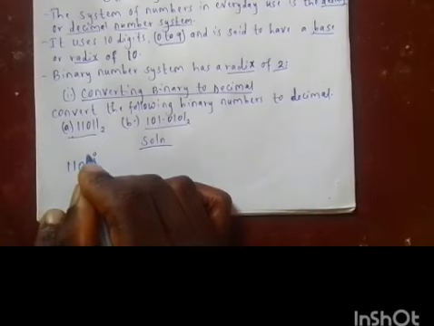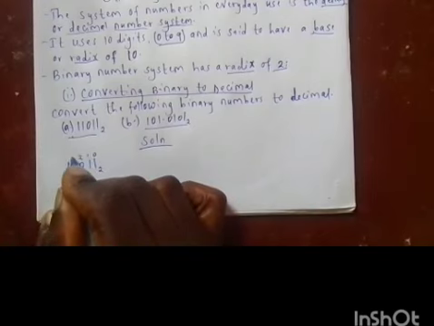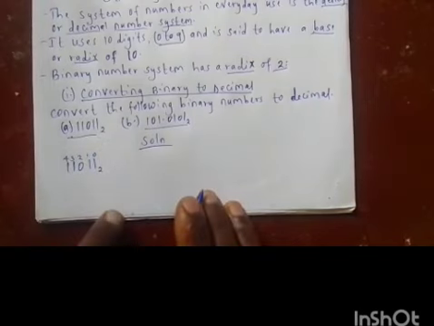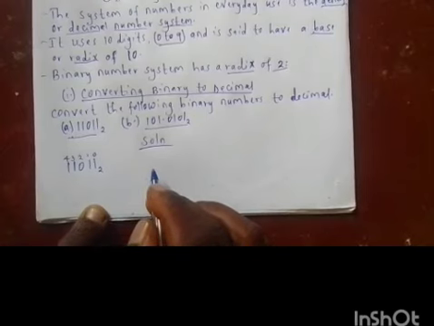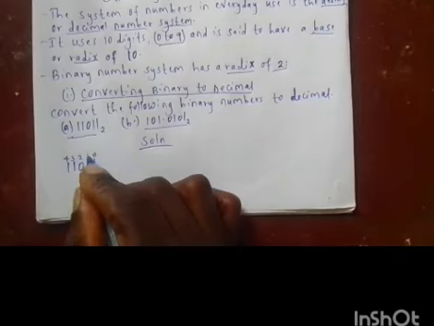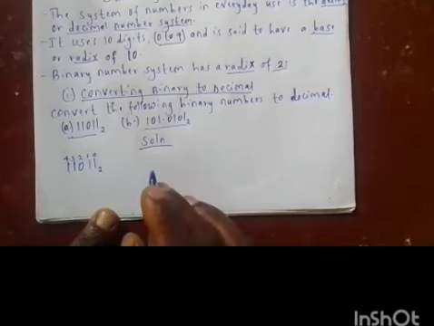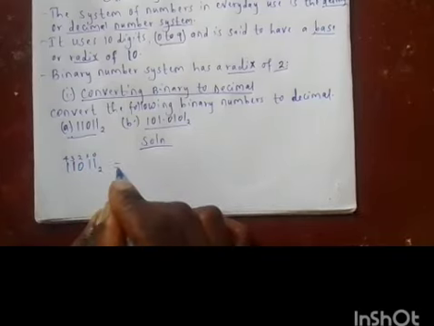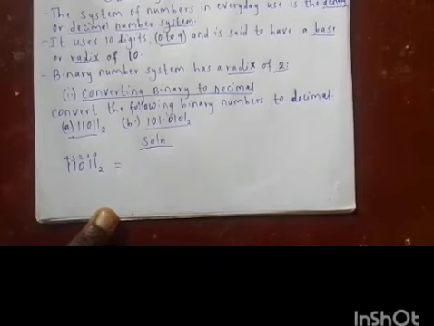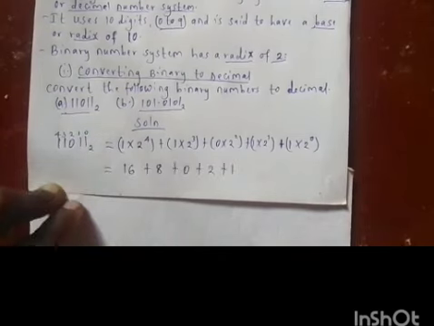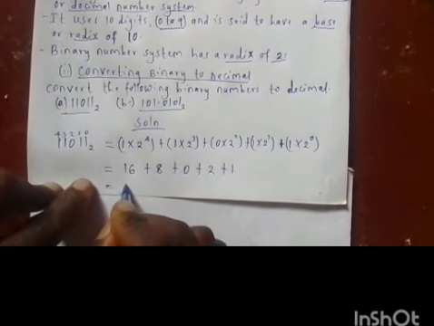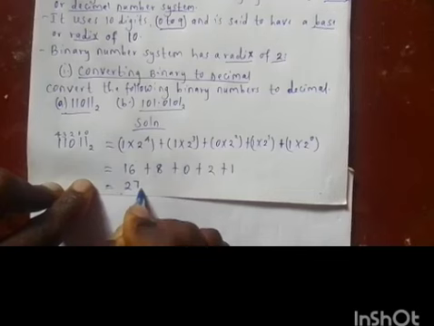Then you multiply each digit times 2 to the power of these numbers. So we write it as 7 to the base of 10.